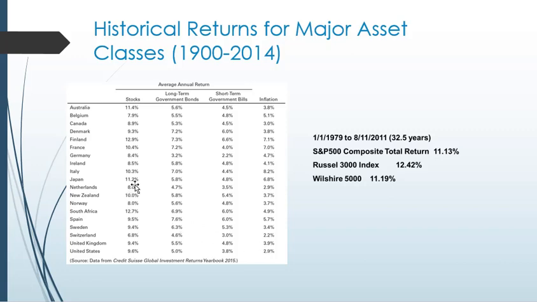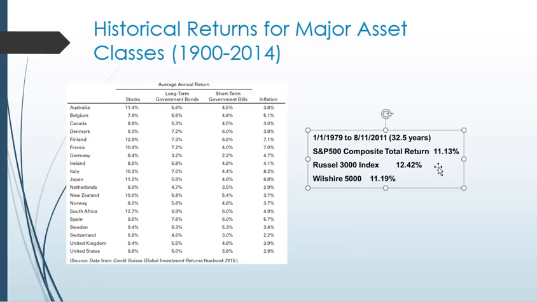Here's 11.2 for Japan, 6.8. So you subtract those out, we end up with something like 4.4%. So it's not just the return that's important. We also have to understand how inflation, how the cost of money changes, and it certainly changes differently in each country.